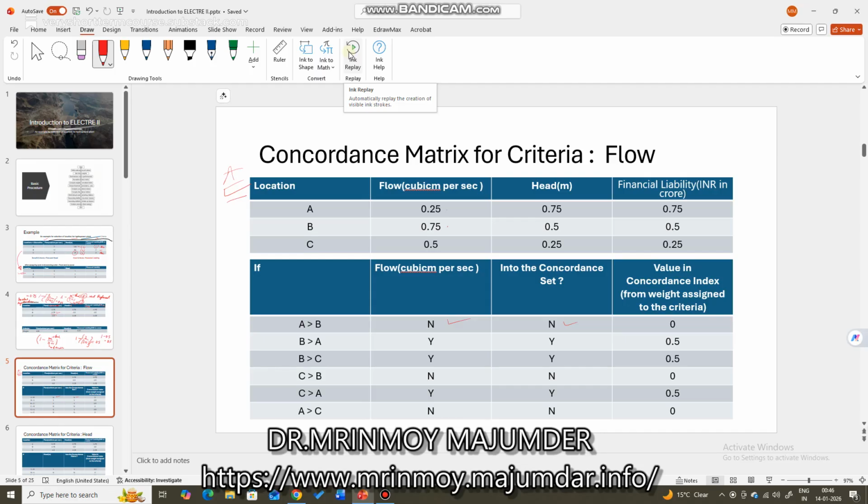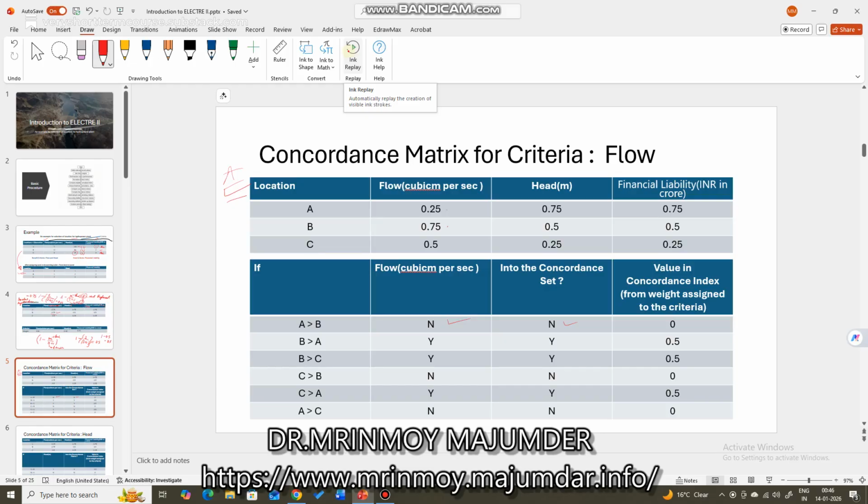The concordance set is the set of members which constitute the concordance index. Don't get confused. The only thing is that if A is greater than B for a certain criterion, then it becomes a member of the concordance set, and the weightage of that criterion for which A is greater than B becomes the member of the concordance index.